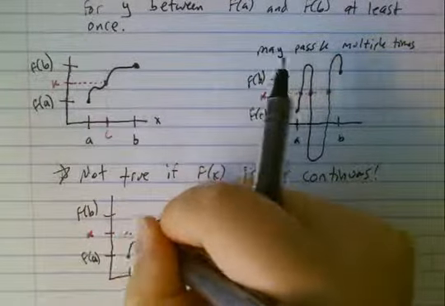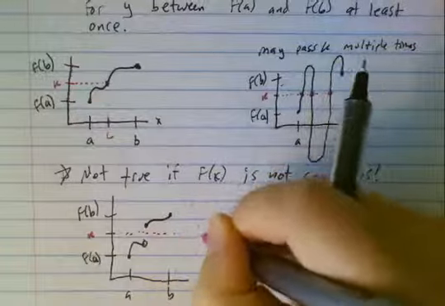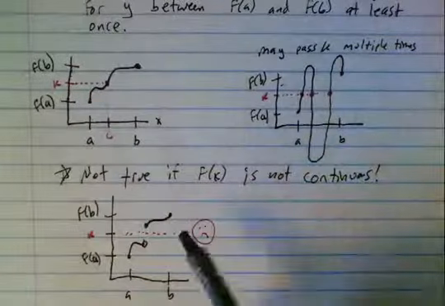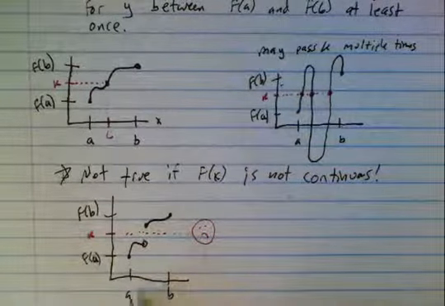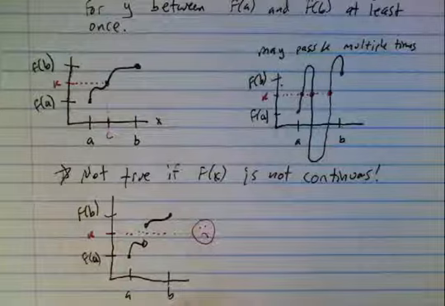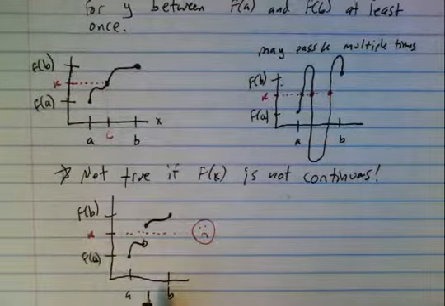This number k, there's no value between a and b at which y equals k.